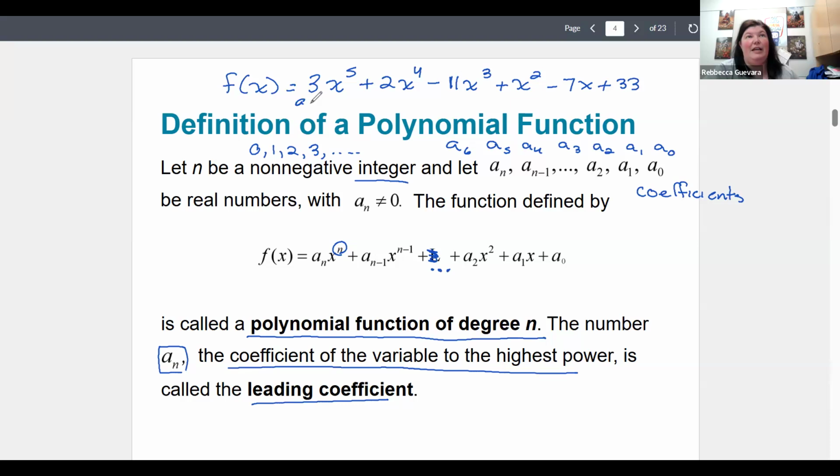So this here would be your a5, this would be your a4, this would be your a3, your a2, your a1, your a0. That's what's supposed to be representing, that there are different coefficients on the different parts. And here, the degree is going to be 5, because that's the highest term here, and your leading coefficient is going to be the 3 of the 3x to the 5th.